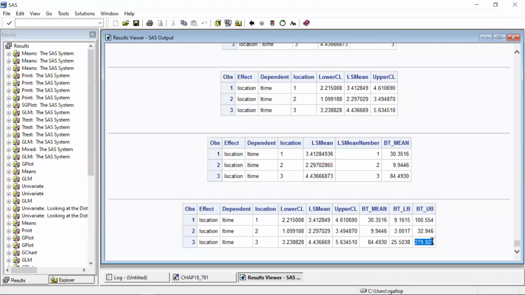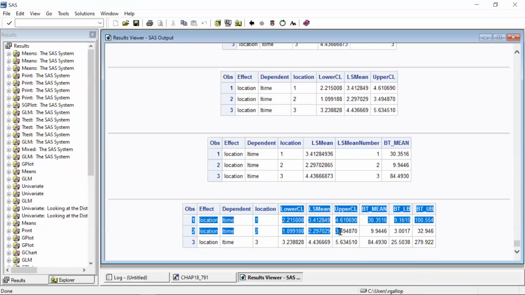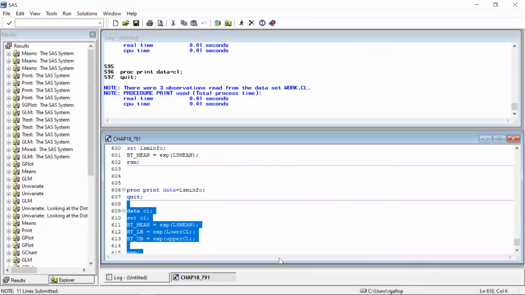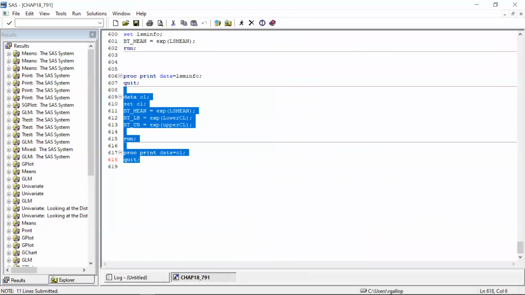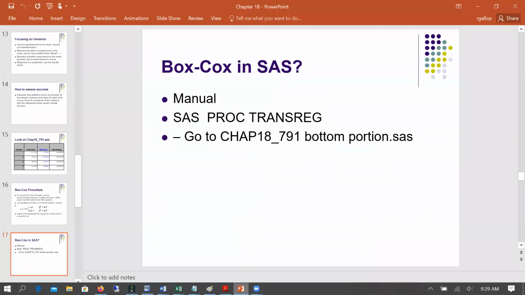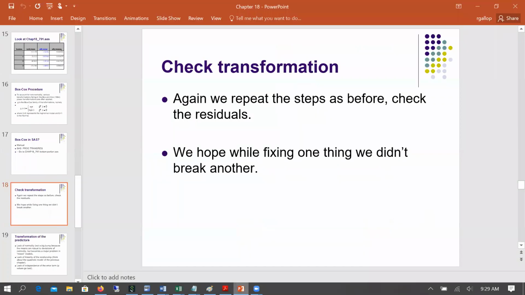With the transform, 279 to 84, it's about 190 units. So the estimates on the transformed outcome, confidence interval wise, will be symmetric around the estimated means. But when we undo the transformation, things are no longer symmetric. So that's pretty cool stuff as we start moving forward with that.